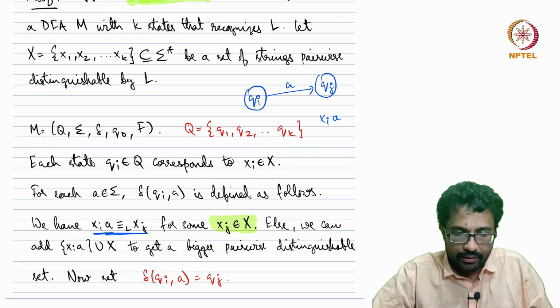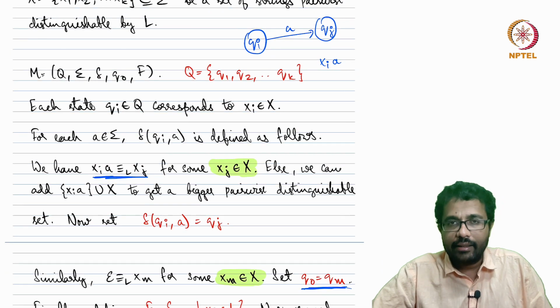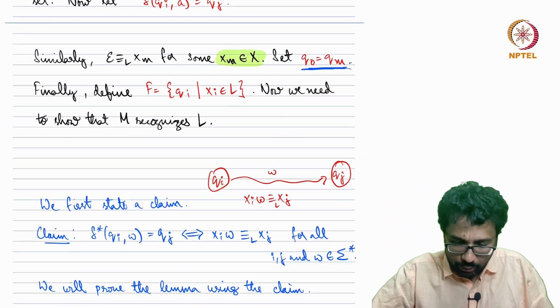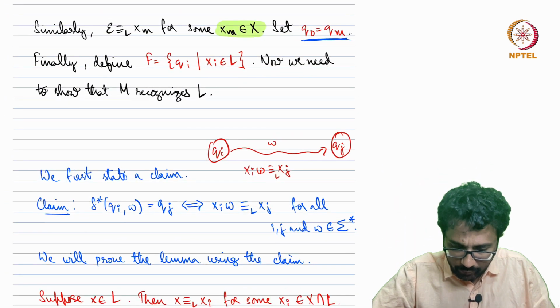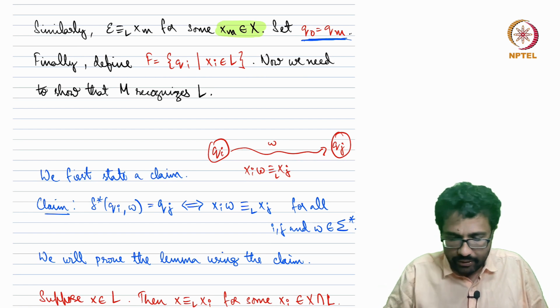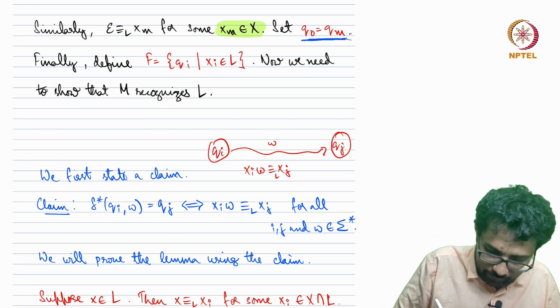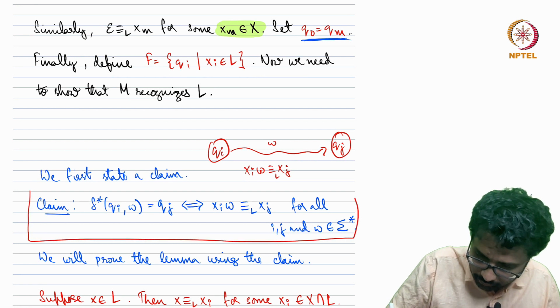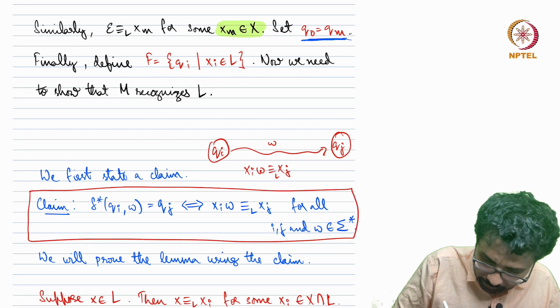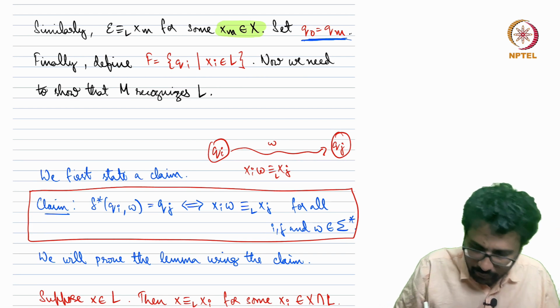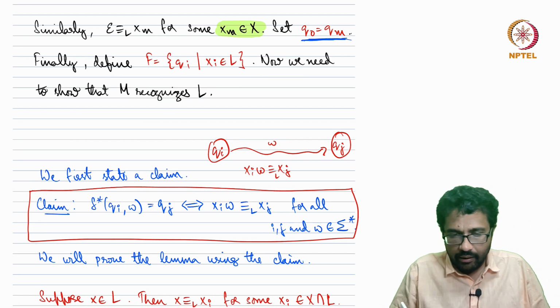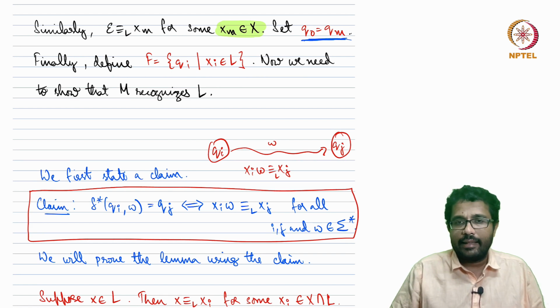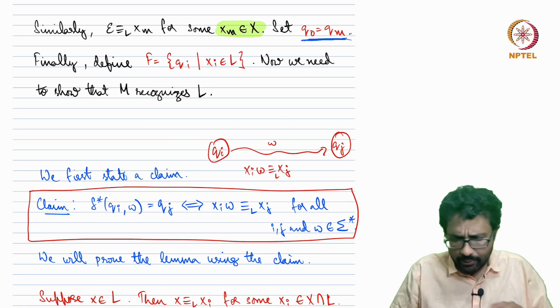We want to show that this DFA recognizes the language L. So we will assume that this claim is true, and then we will prove that this DFA recognizes L, after which we will prove the claim.